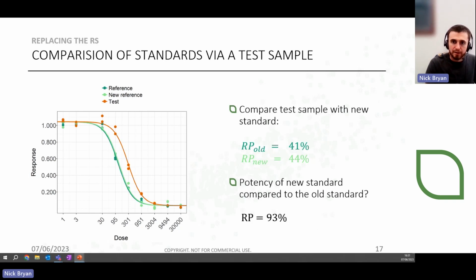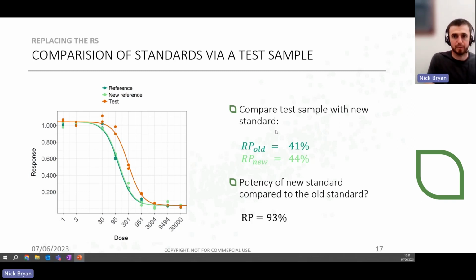And what we can understand from this is that if we compare the two relative potencies from the old reference and the new reference, our new reference standard would have a relative potency of 93% relative to the old reference standard.